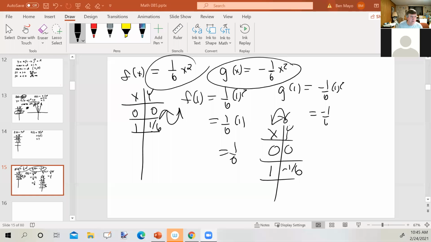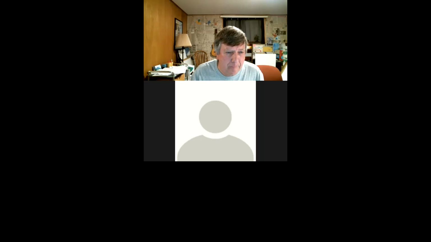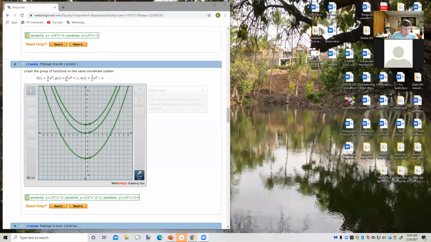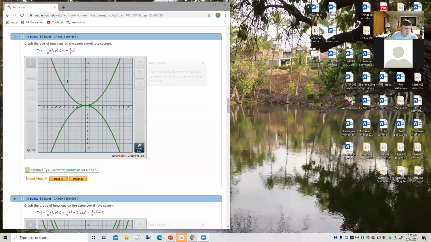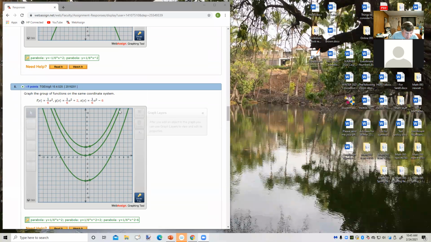Now, let's see here. We're going to go back to students. We looked at 7. I'm going to take a look at problem number 8. Now, number 8 actually starts with the same initial 1/6 x squared, right? So that's this middle one right here.